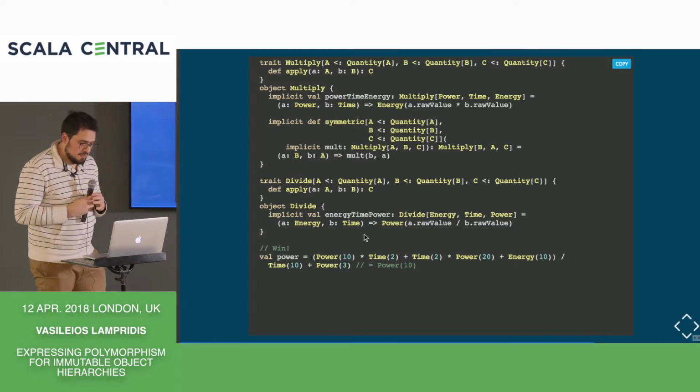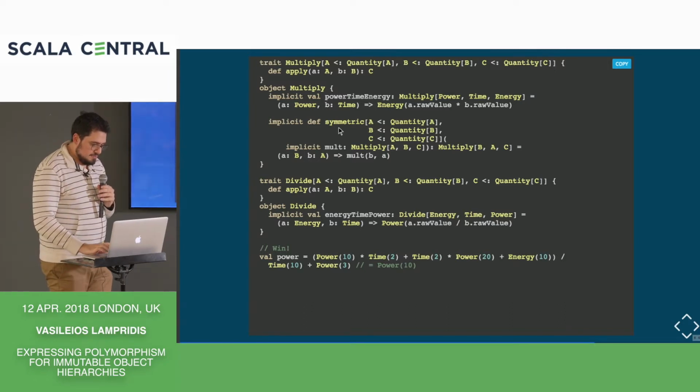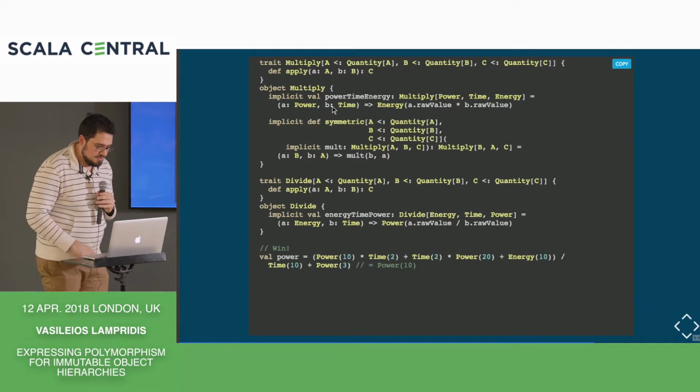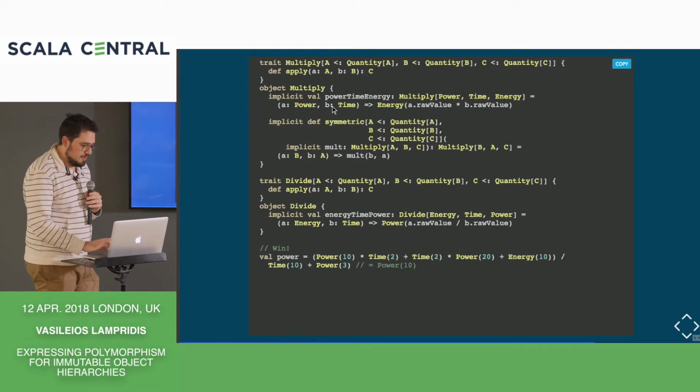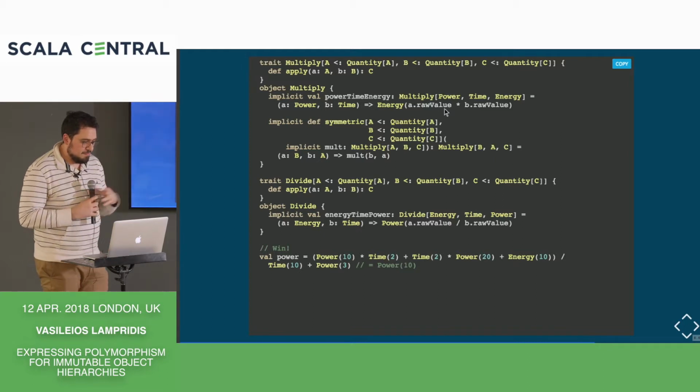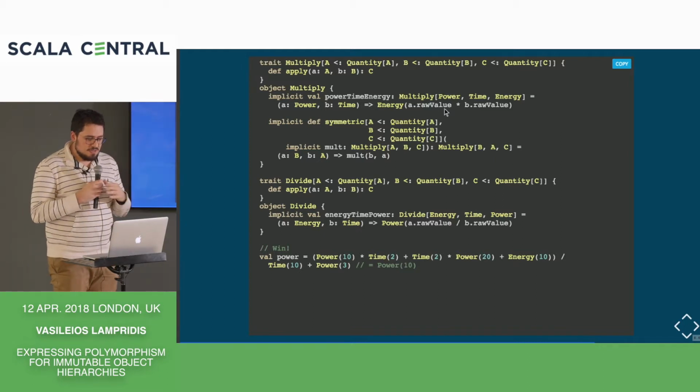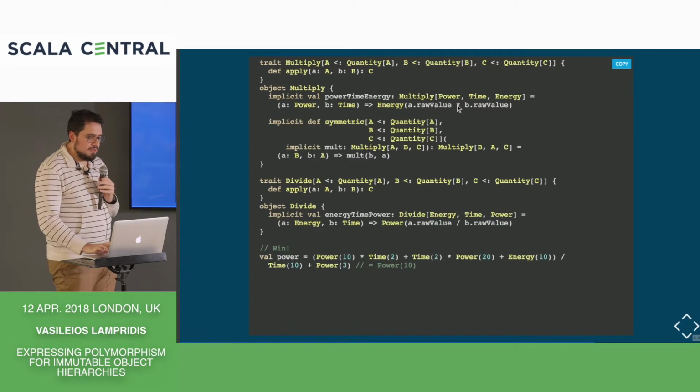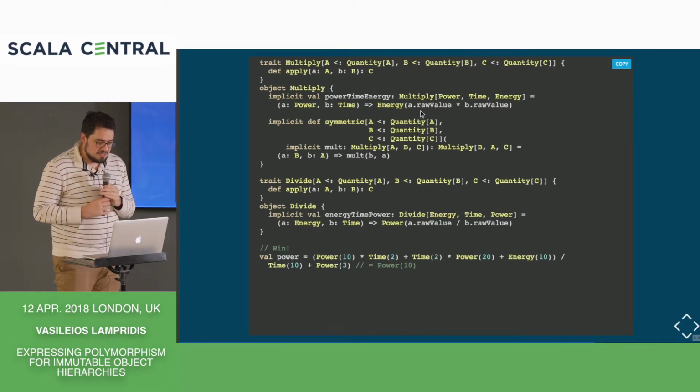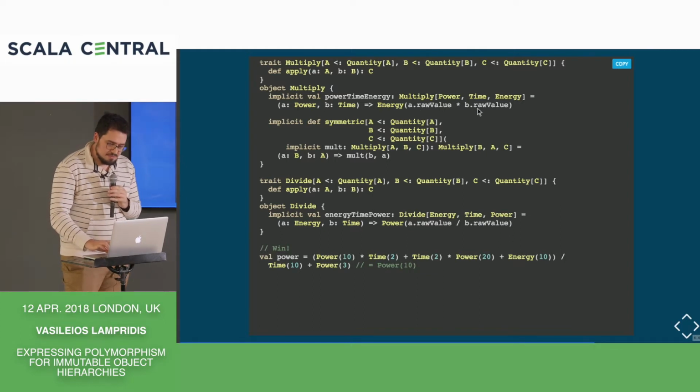And I define two instances. I define the first multiplicative relationship, which is if we multiply power with time, we get back energy. And I don't bother with units, as I said, just multiply the raw values of it.